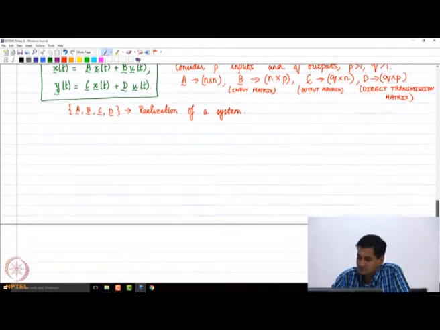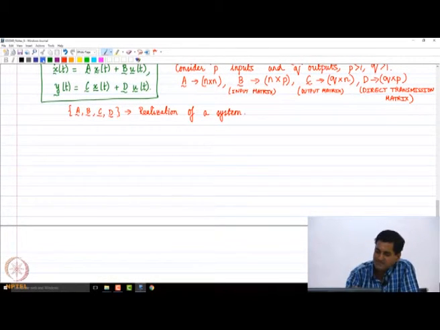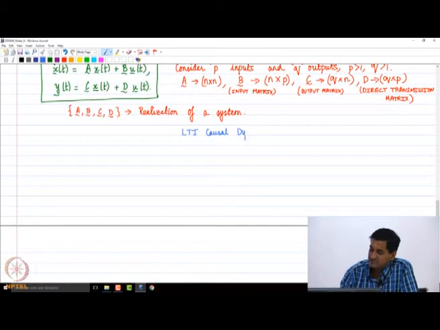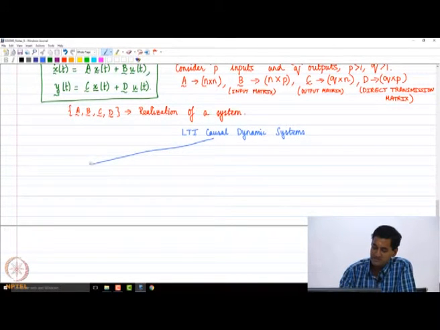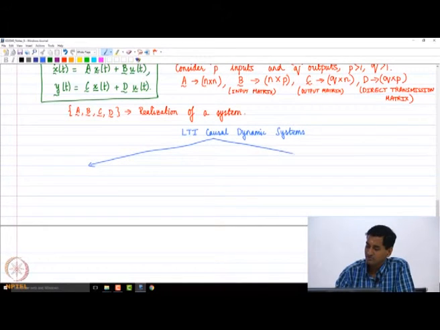Now, to summarize, if you look at our class of systems, LTI, causal, dynamic systems, once we get the model in the form of linear ODEs with constant coefficients, we do two things.